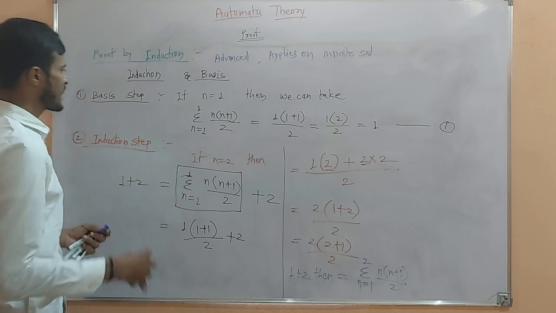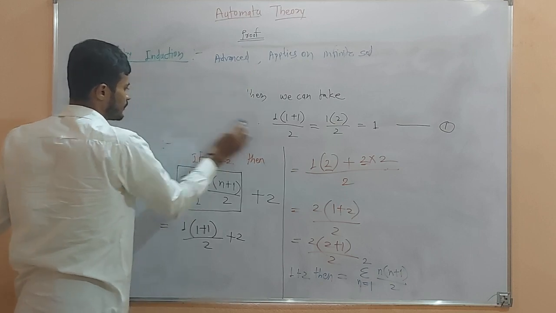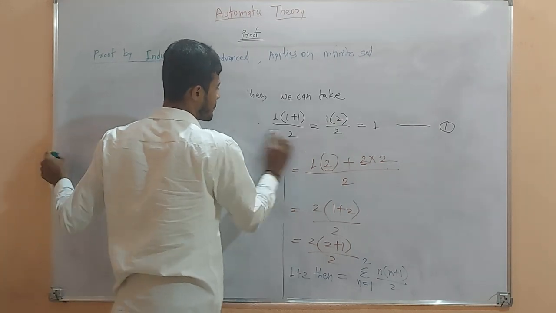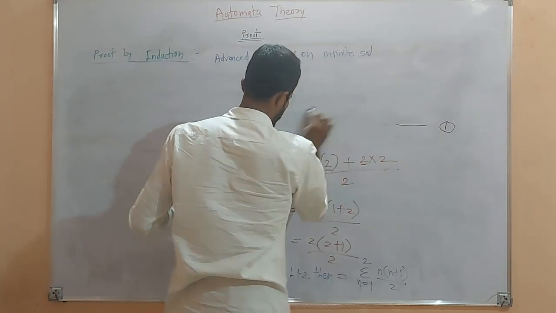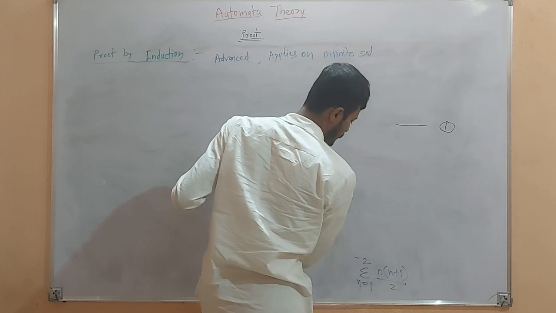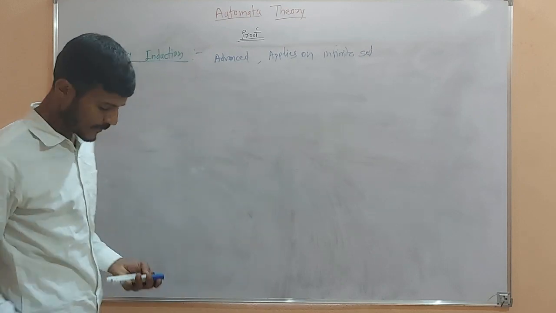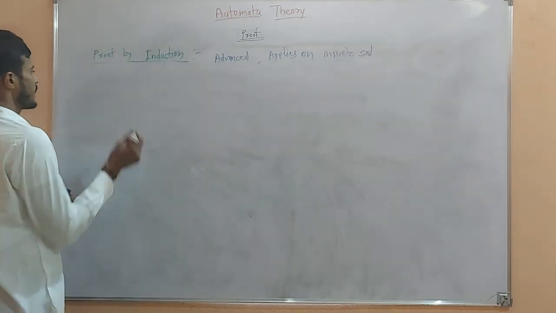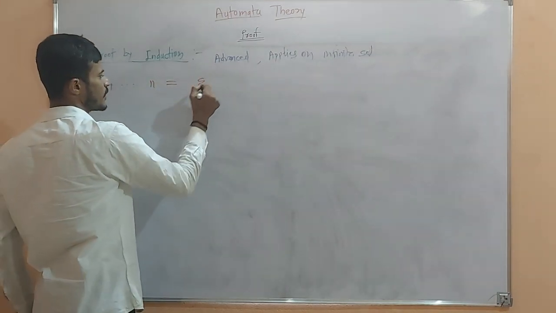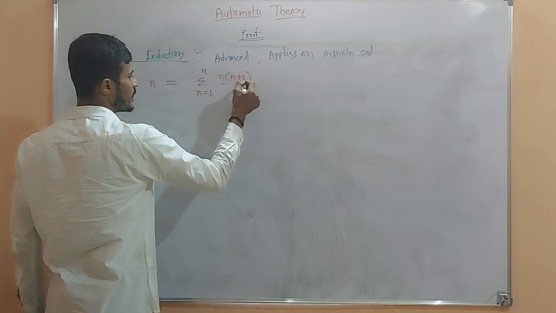Let us take another example over here. As we know, 1 plus 2 plus up to n equals summation n equals 1 to n in bracket n plus 1 divided by 2.